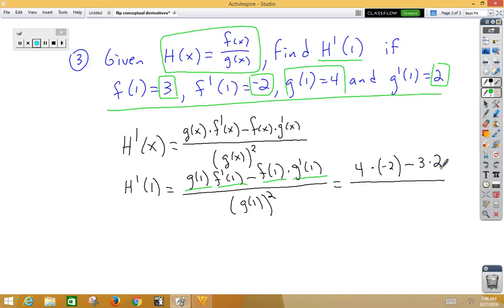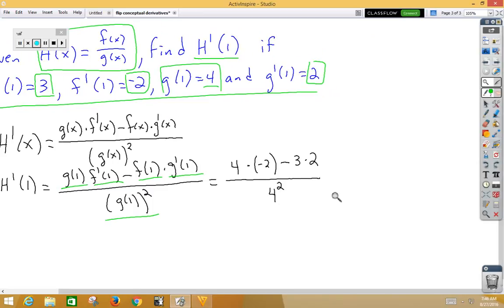On the bottom, g of 1 squared, well, g of 1 is 4, so we have 4 squared. Let's simplify that. 4 times negative 2 is a negative 8, minus 3 times 2 is 6. 4 squared is 16. That gives us a negative 14 over 16, which can reduce to negative 7/8.